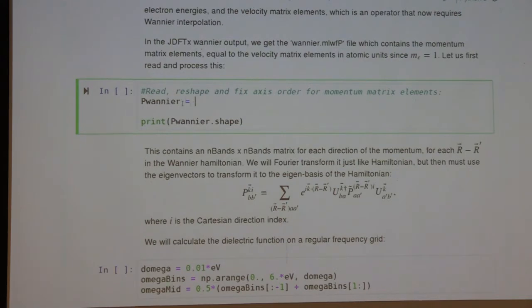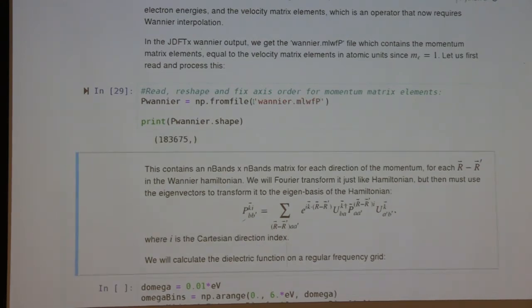So I'll start with just reading in the file as I did before. This would just be a list of numbers. Now I already know the dimensions, so I can just directly reshape. I don't have to calculate them again.